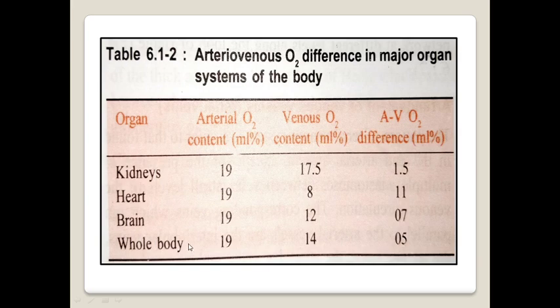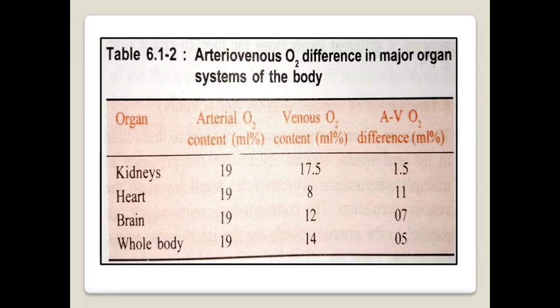That is around 400 ml per 100 gram of kidney tissue per minute. And this blood supply is very high as you compare with other organs. Like if you compare to the coronary blood flow, the kidney gets around 400 ml per 100 gram of tissue per minute.